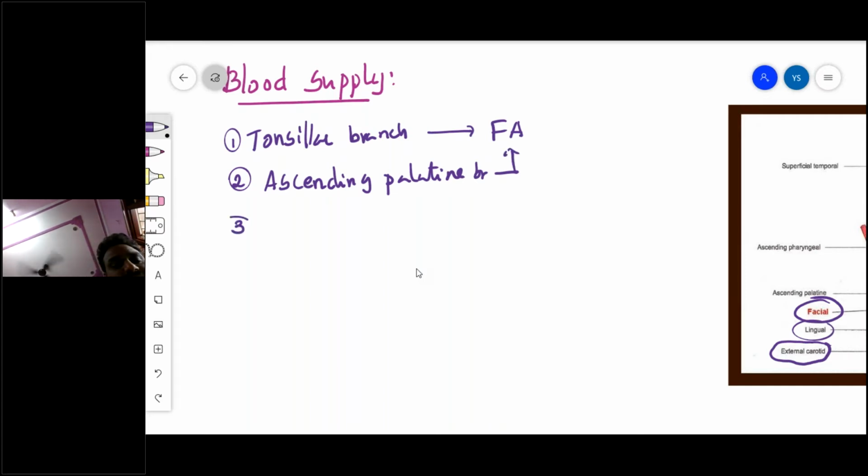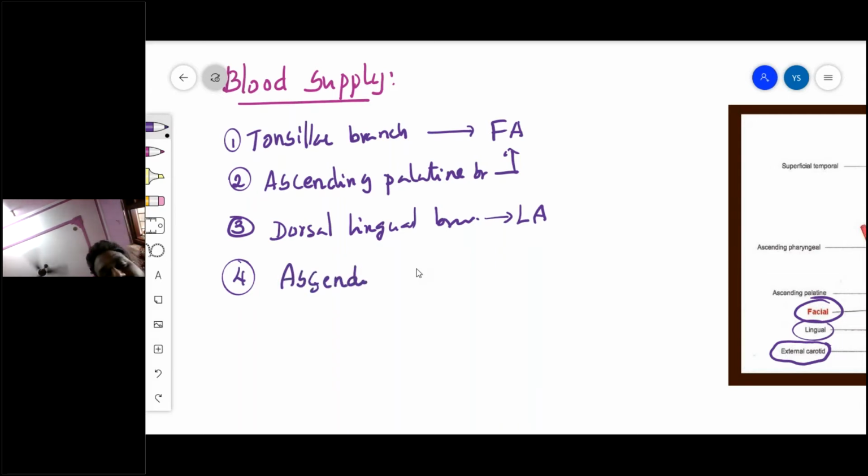Number 3, dorsal lingual branch of lingual artery. Number 4, ascending pharyngeal artery. Number 5, greater palatine artery.